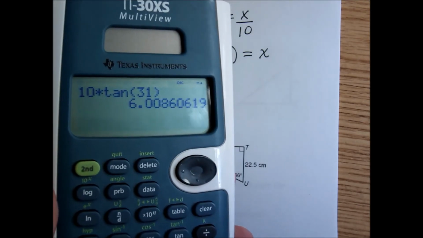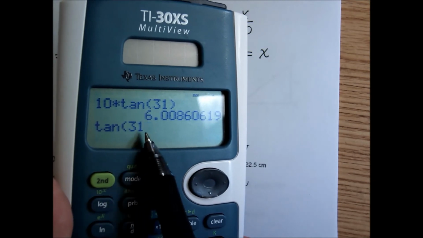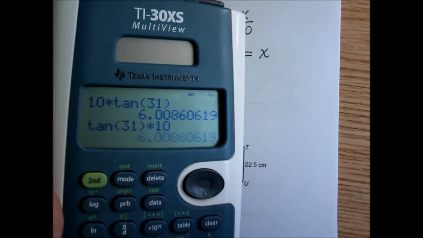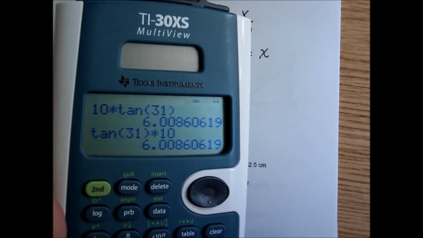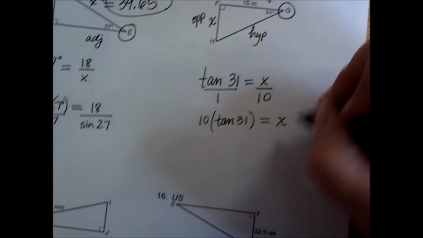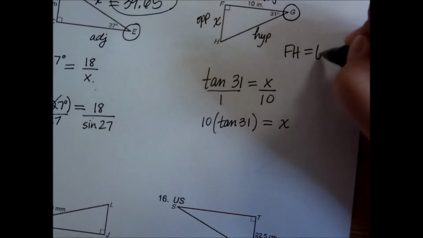If you do tan 31 times 10, don't forget to close your parentheses before you press times 10. You get the same thing. 6.008. The 008 rounds up to 01. So x, or FH, equals 6.01.